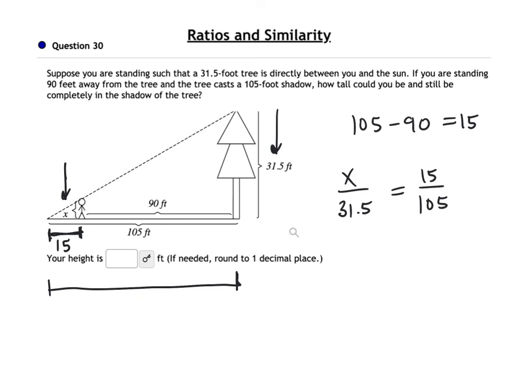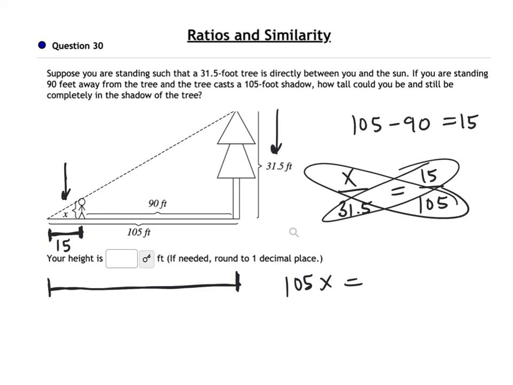Remember, you line up corresponding sides. Cross multiply: 105x equals, I'm going to go ahead and multiply those, 31.5 times 15, which is 472.5.